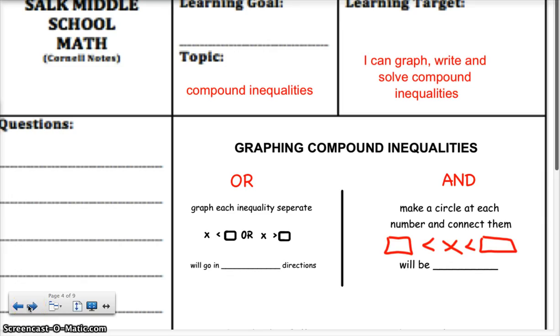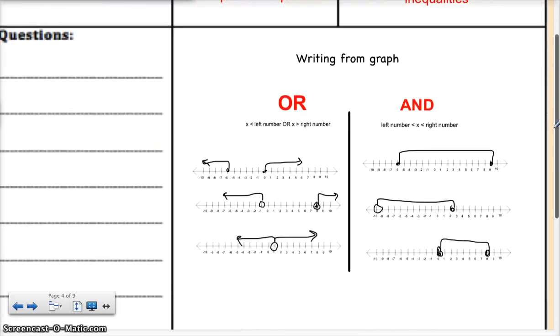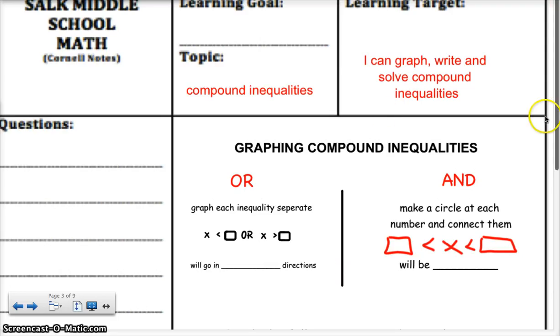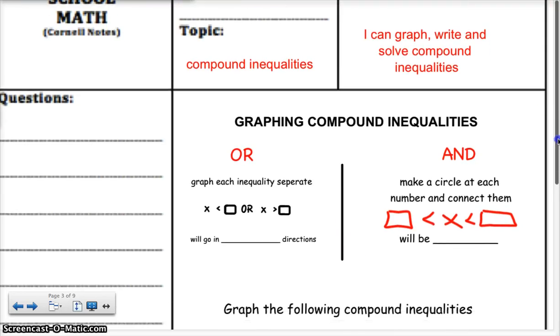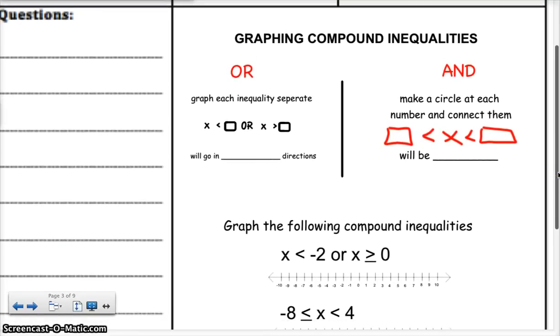So we need to be able to graph them. I missed a page. Okay, graphing compound inequalities. And or inequality, notice my T-chart. When you have a compound, you either have an or statement or an and statement.